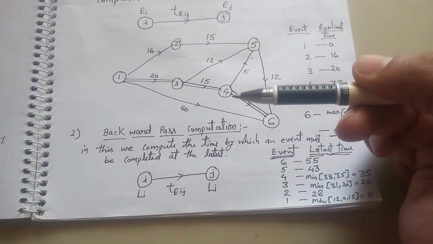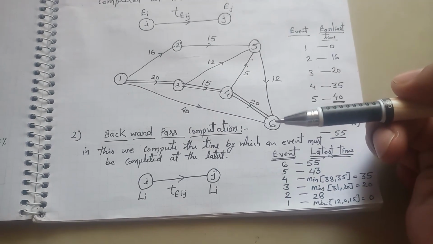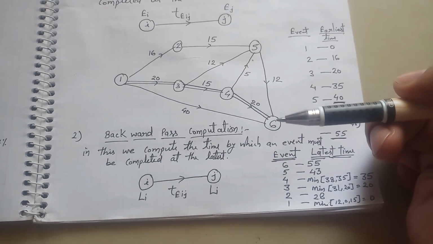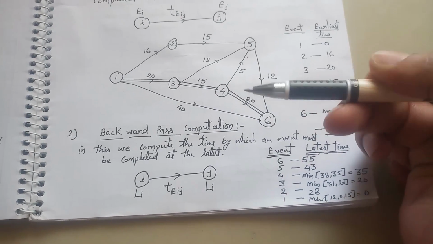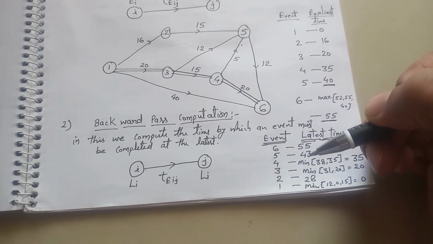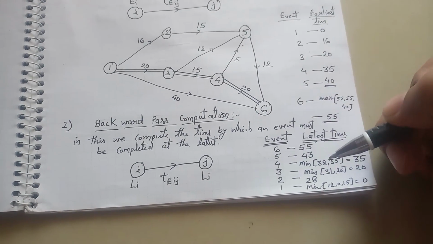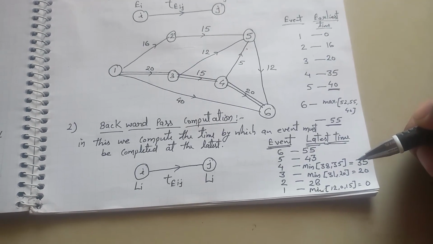Now for event 4 we have two paths: we can go from 6 to 4, or from 6 to 5 then 5 to 4. So we have to select the path which takes minimum time, like 38 and 35. So we have to select 35. This is our latest time.